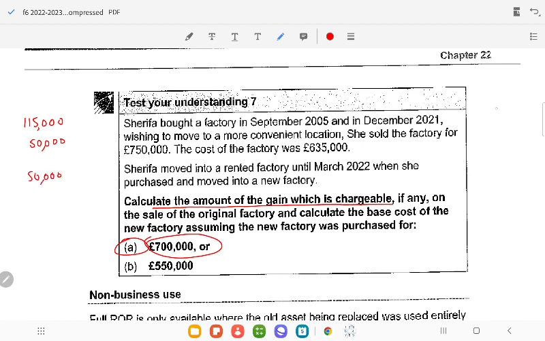While in the second situation, the full gain is again 1,15,000, but the amount not reinvested is here 2 lakh because the asset has been sold for 7,50,000 and the new asset has been purchased for 5,50,000. So it is the amount of 2 lakh that has not been reinvested. So again, the chargeable gain is the lower of 1,15,000.